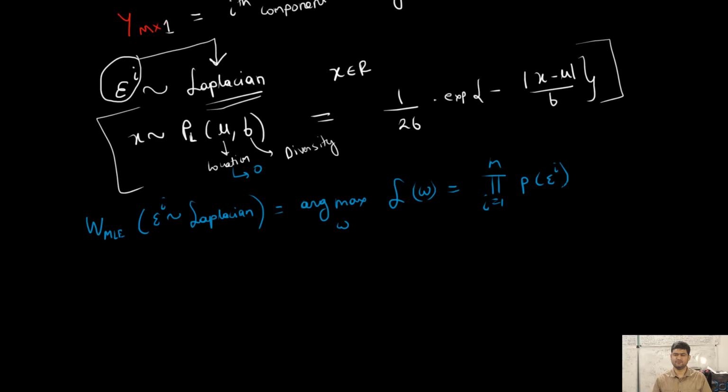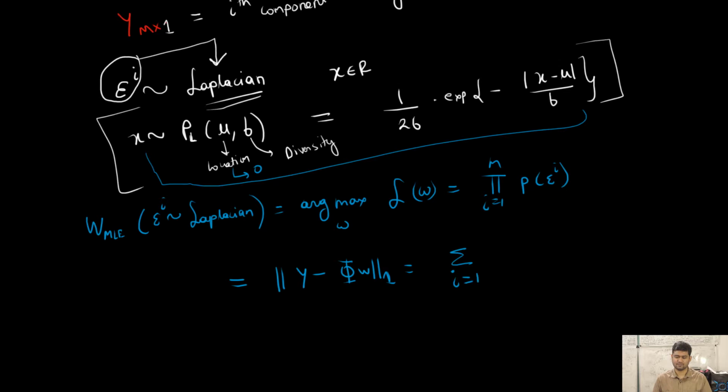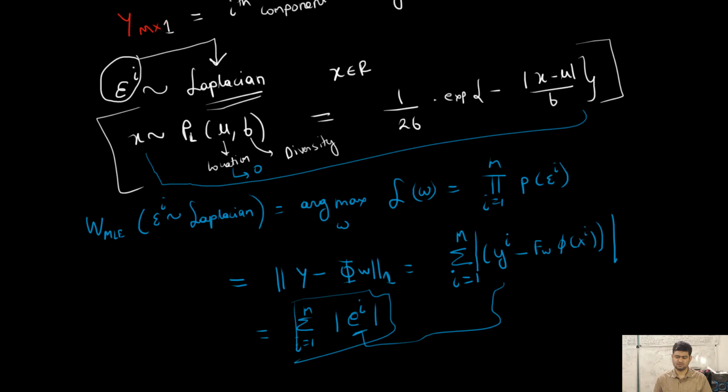We are not going to prove it, but if you do the math and plug in this distribution of epsilon i with mean 0, this is equal to minimization of the L1 norm error over the dataset, which is the sum over i equal to 1 to m of the absolute value of yi minus fw of phi of xi, which is the same as the error ei, where ei, the error, is this term.